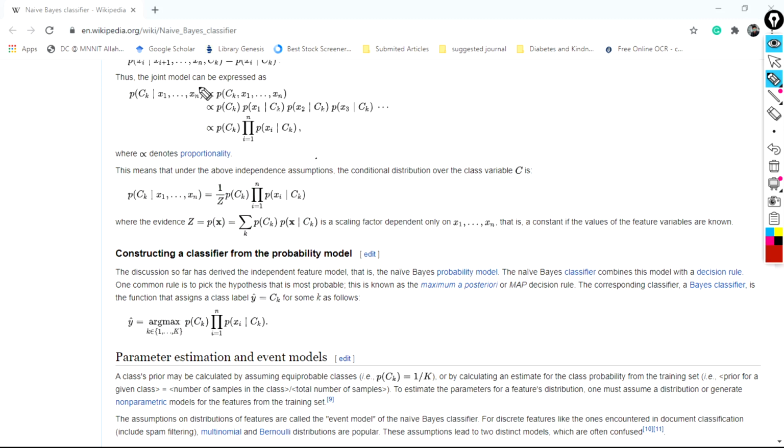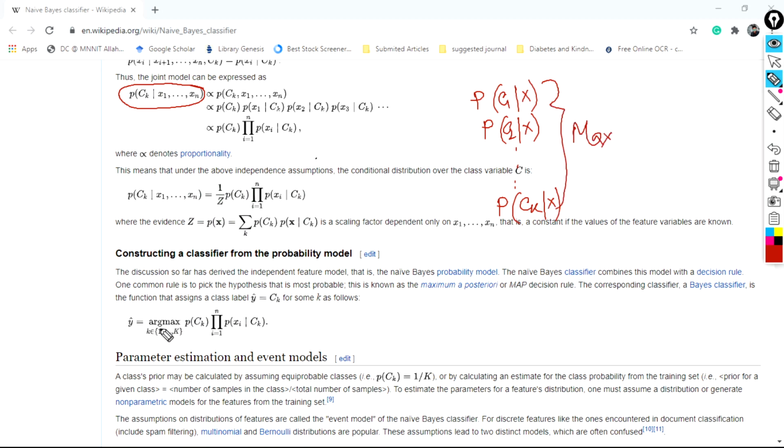We are actually interested in comparing all these probabilities: probability of C1 given X, probability of C2 given X, up to probability of CK given X. We are interested in finding the maximum of all of these.